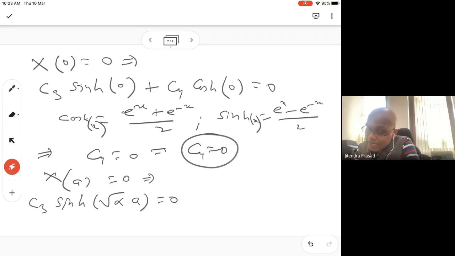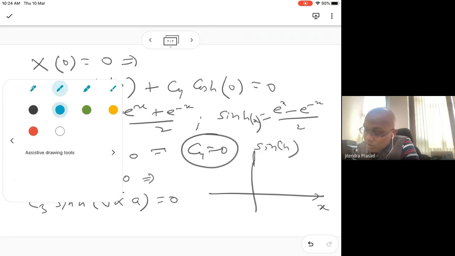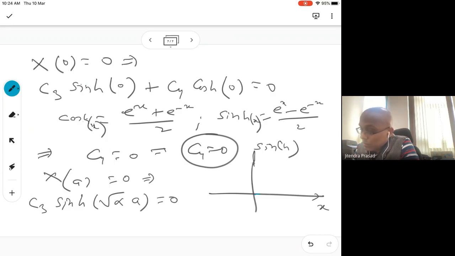Hyperbolic sine is 0 only where? Only at 0. There is no place it will be 0 again. If you plot hyperbolic sine, this is x and this is the sine h. It will go something like this, and then it will be like this.